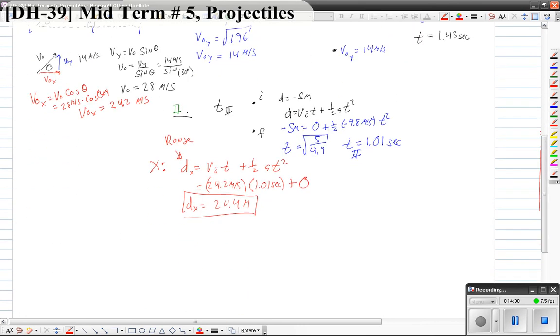By the way, it wasn't asked for, so this was part 2. On part 1, if we wanted to do the same thing, you would have had the same horizontal speed, 24.2 meters per second, but it would have been times the longer time of 1.43 seconds, which means the arrow must have been launched a distance of 34.6 meters away from the wall.